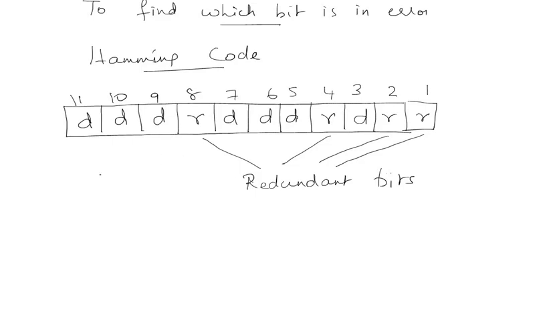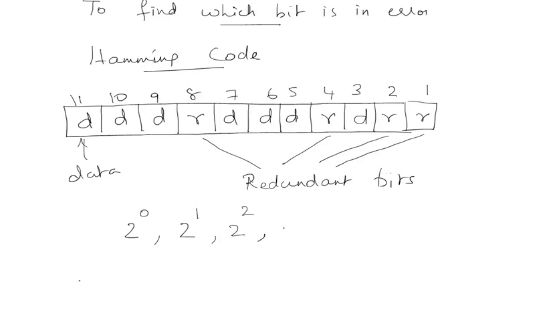So here D is the data bit and R is the redundant bit. If you see this, we can see a pattern here. The first bit is a redundant bit, that is 2 raised to 0. The second bit is also a redundant bit, its position is 2 raised to 1. The next redundant bit is at the 4th position, that is 2 square.